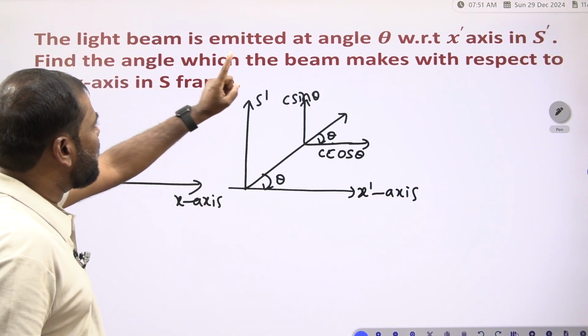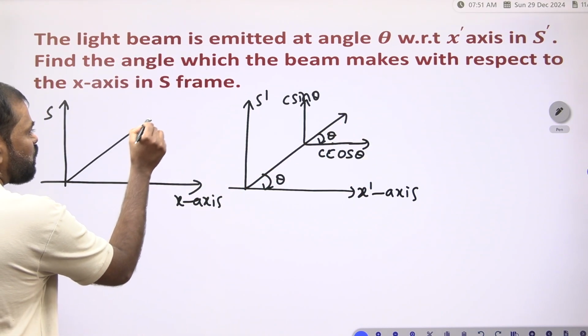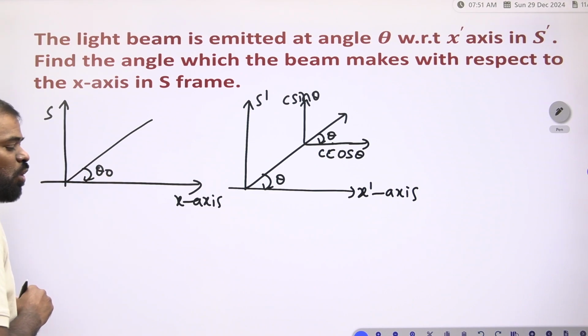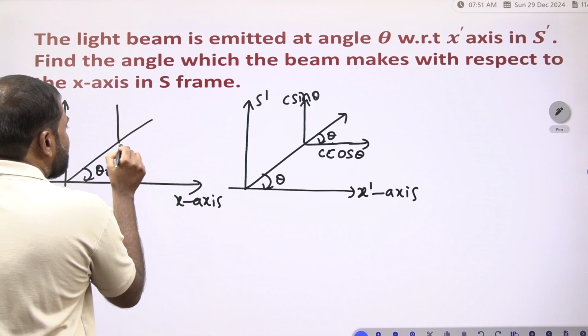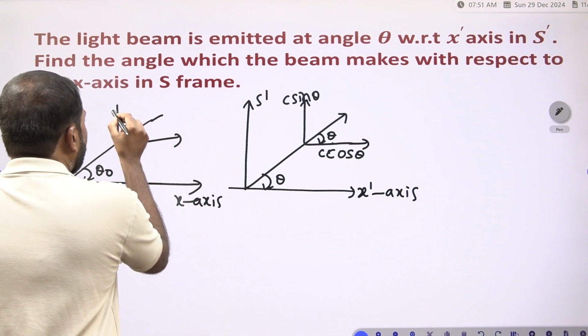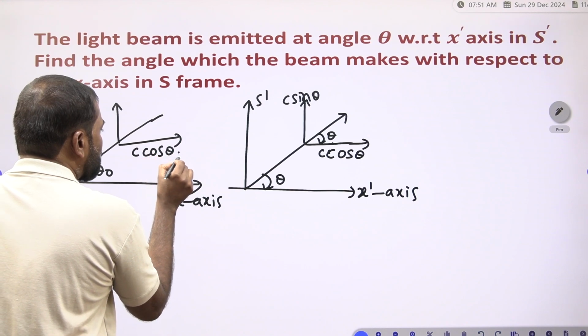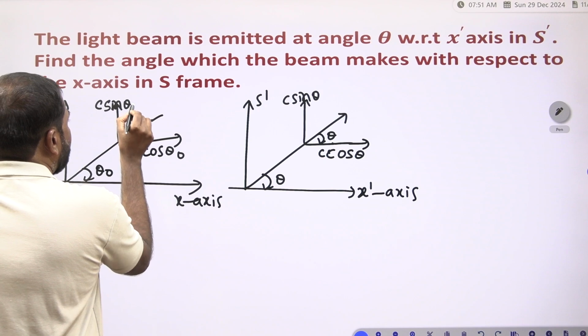Find the angle which the beam makes with respect to the x axis. Suppose with respect to the x axis you take theta naught, you have to consider it is also light. So that is why it is also c cos theta naught, and the vertical component is c sin theta naught.